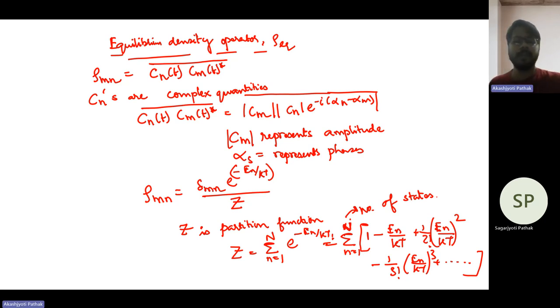So n over here is the number of states. Under the high temperature approximation, if the temperature is high, you can neglect these higher order quantities.